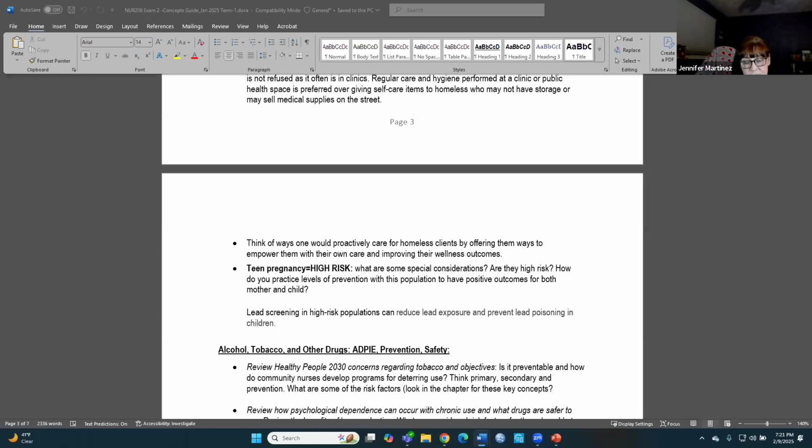Regardless, teen pregnancy is always going to be considered high risk. We also need to provide education about how to take care of an infant, right? It's not innate on how to take care of a child, especially when you're a teenager, right?